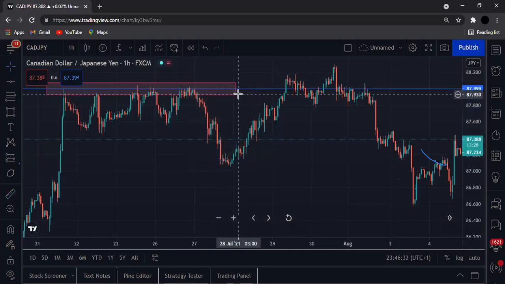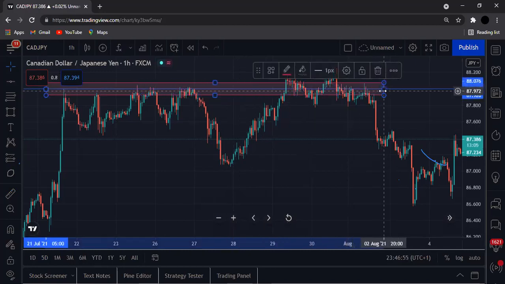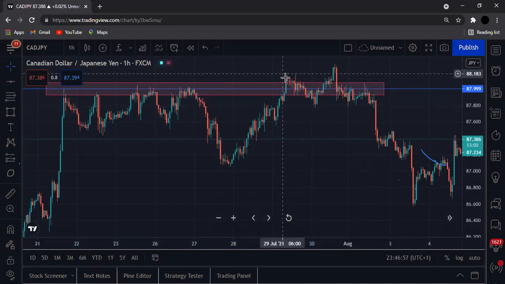So, what you can see, this rectangle, I'm going to pull it down to this region. Okay. So can you see what happened around here?